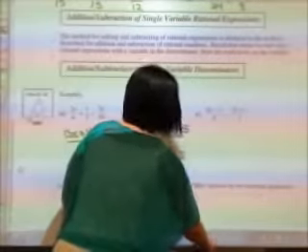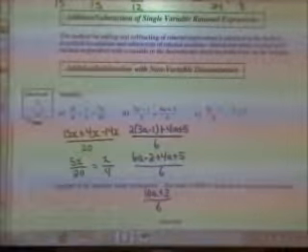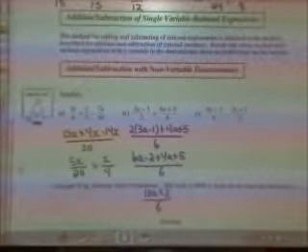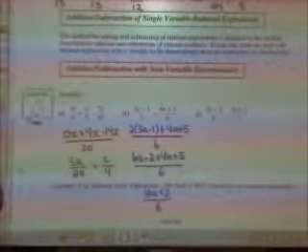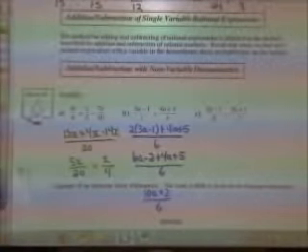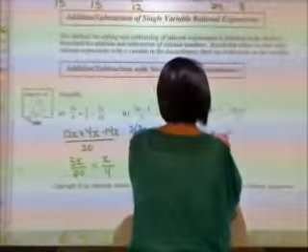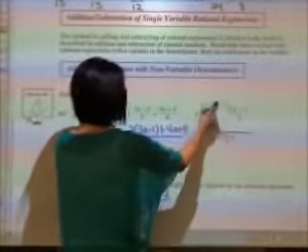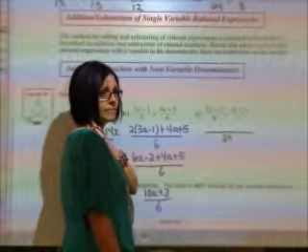Okay, if I look at C, my common denominator for C would be 24. So what would I multiply the first fraction by?